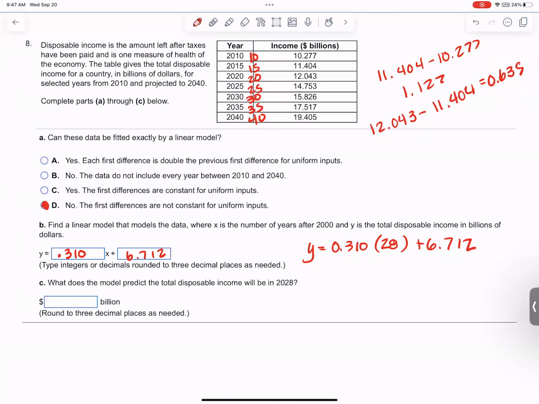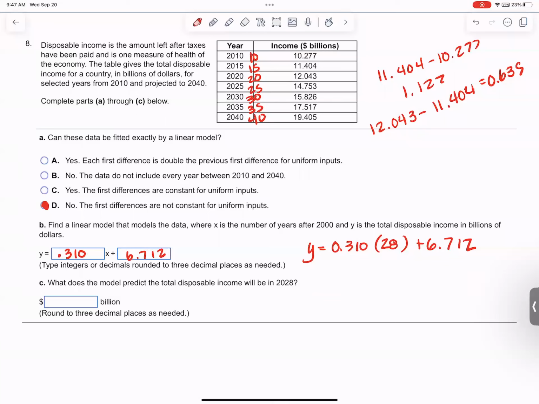I have to have that line graphed before I can do any calculation with it. So let's see if I can do a calculation. We're going to go 2nd, calc, value. And what are we looking for? 2028? Then we're going to put in 28?